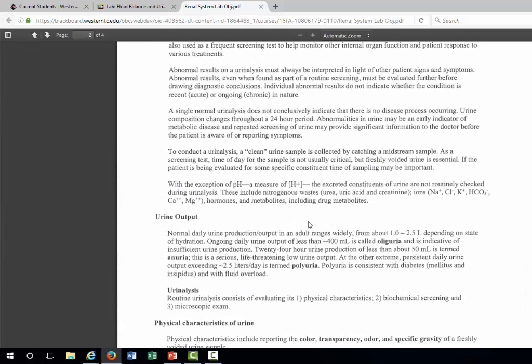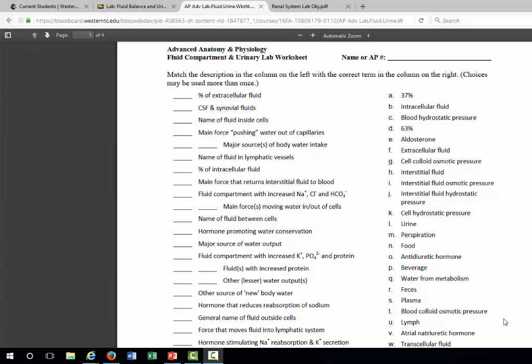So we'll start. Okay, this worksheet is reviewing last week's material on fluid balance. What percent of all the fluid in our body is found outside of our cells? 37%, yep. And there's a special name for the CSF and synovial fluids.